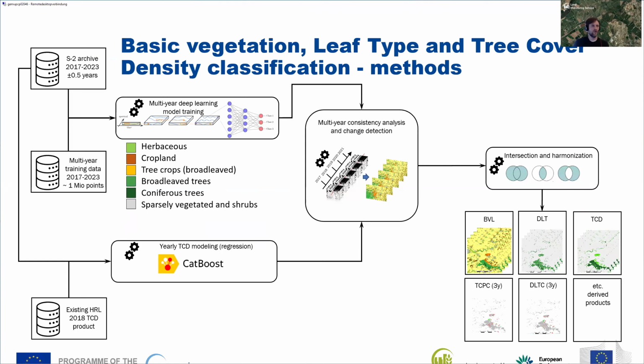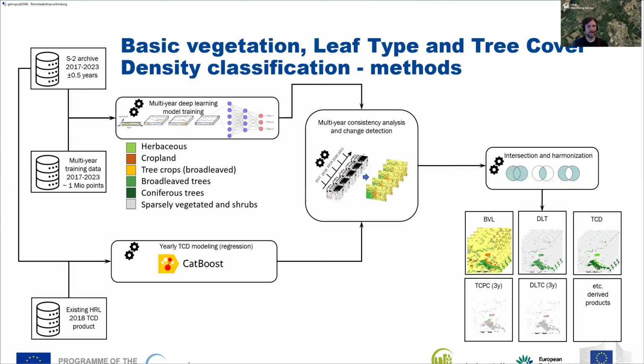As mentioned before, there's the Sentinel-2 archive, which is used together with this huge training database, which consists of more than 1 million sample points spread across Europe. Those data are combined and processed in a multi-year deep learning model. This initial classification then provides classification probabilities for the main product classes.